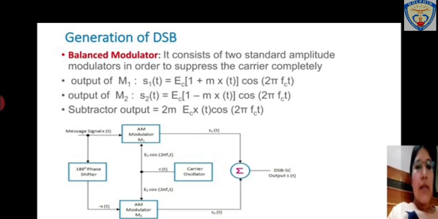The carrier oscillator will generate the carrier of frequency Fc, and these two carriers are given as an input to both the AM modulators. At the summation, we get the DSB-SC output.